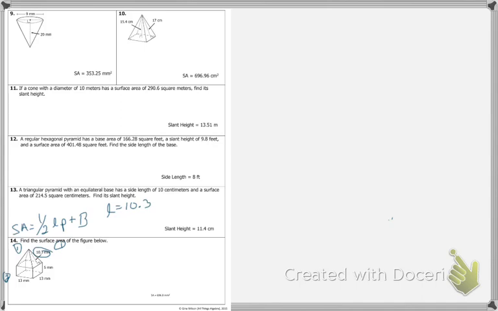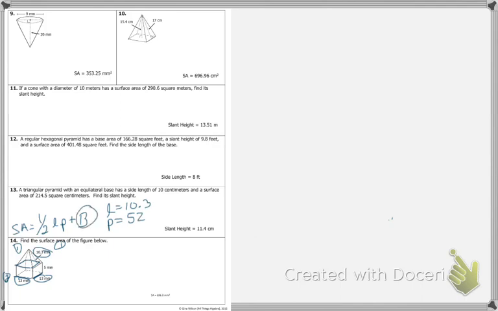Can we figure out the perimeter? Of course we can. We know that this right here, we have the dimensions right here. So that's 13, 13, 13, 13. My perimeter ends up being 52.